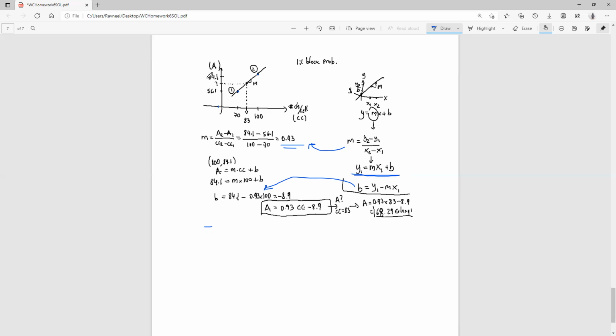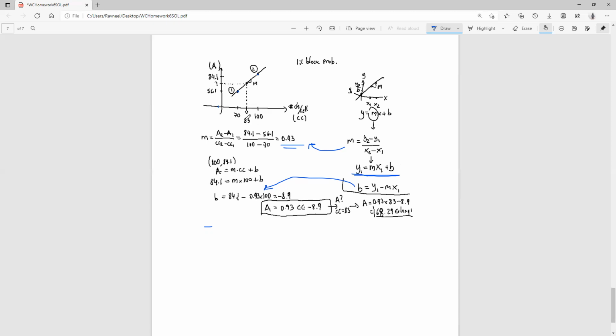Remember, y is represented by a and x is represented by cc. So a is equal to 0.93 times cc plus b, where b is minus 8.9. This is the equation for this line.